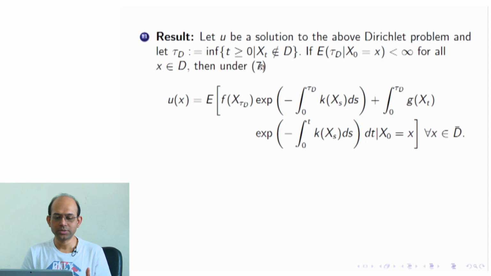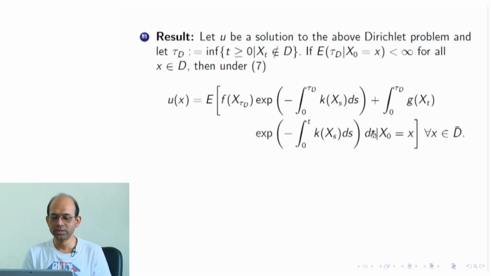So under those assumptions, the solution of the Dirichlet problem u(x) can be written as the conditional expectation of f(X_{tau_D}) times e to the power of minus integral 0 to tau_D of K(X_s) ds, plus integral 0 to tau_D of G(X_t) times e to the power of minus integral 0 to t of K(X_s) ds dt.